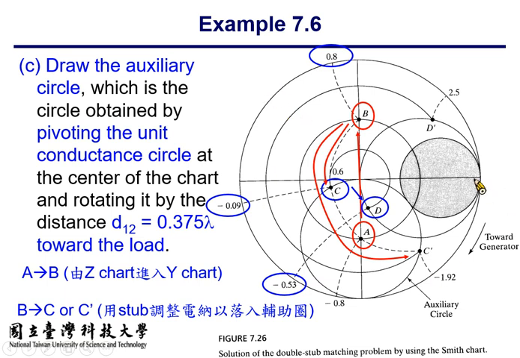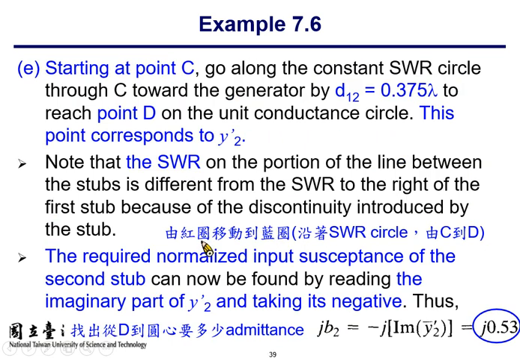So the length will be greater than 0.25, shorter than 0.375. Now, I guess it's somewhere around 0.3 wavelengths.